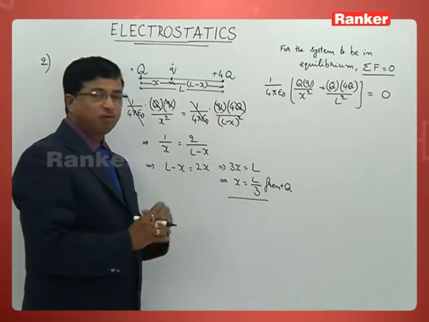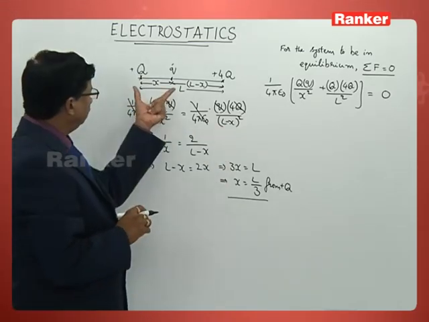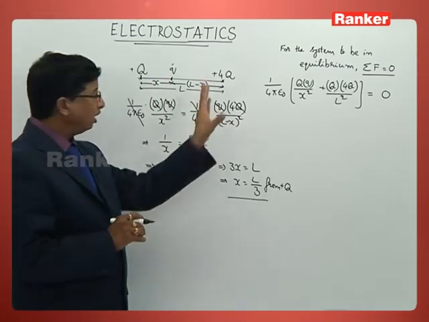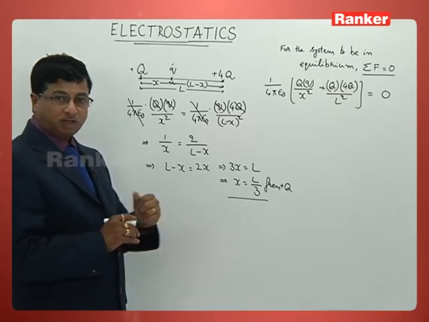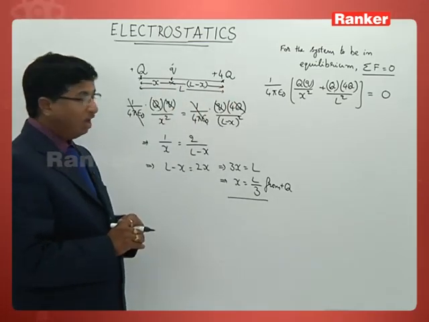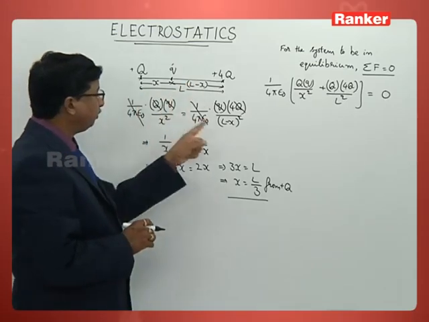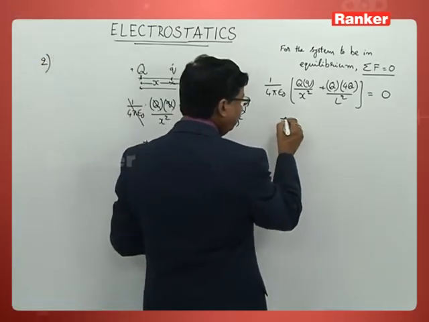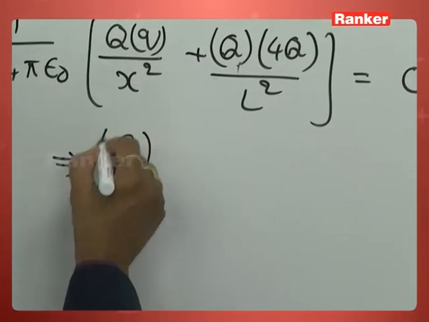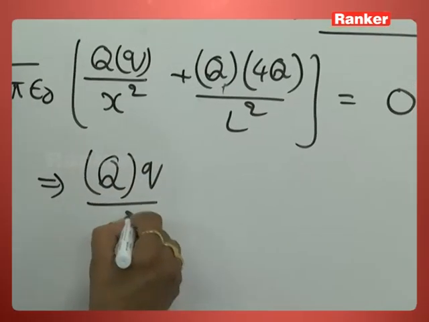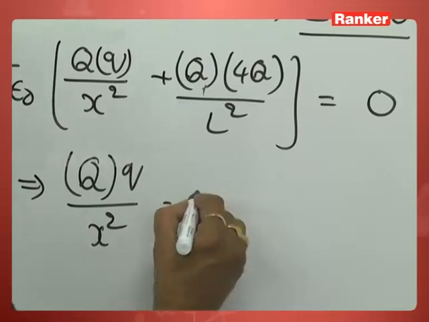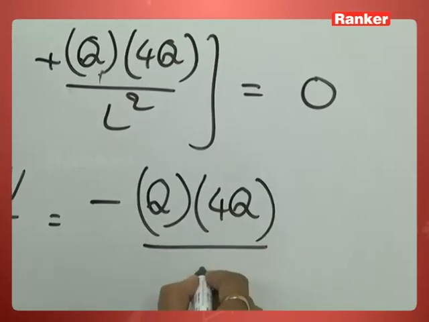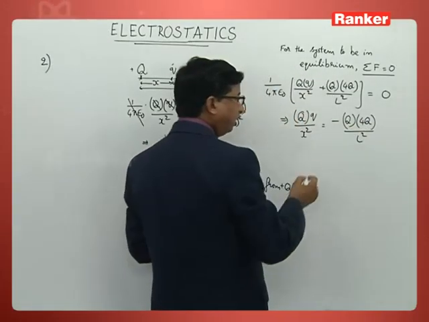I hope all of you might have followed this concept. I am calculating the force acting on this due to the other two charges, and the algebraic sum of those forces must be equal to 0. That is the condition. So this implies Q times small q by x square must be equal to minus Q times 4Q by L square, with a negative sign.